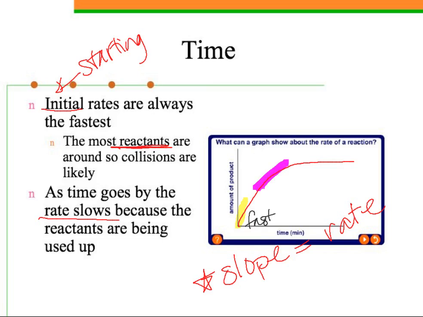That means that we have a slower reaction going on. So reactions start off fast, then they slow down, and they actually do eventually stop. Right here, it's stopping. Why? Because all of the reactants are used up. The reaction rate becomes 0 because we've flatlined, because all of the product that's going to form has formed.